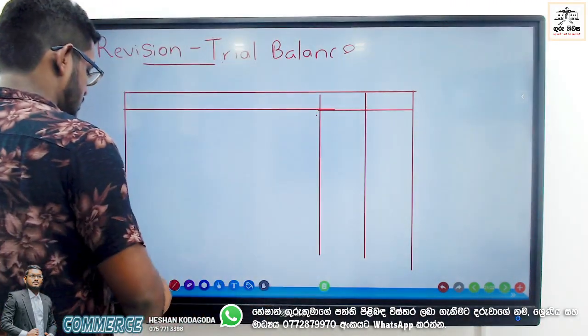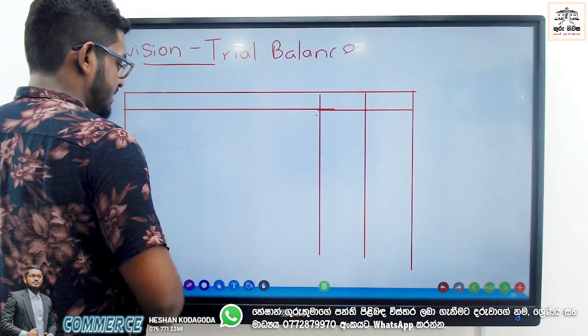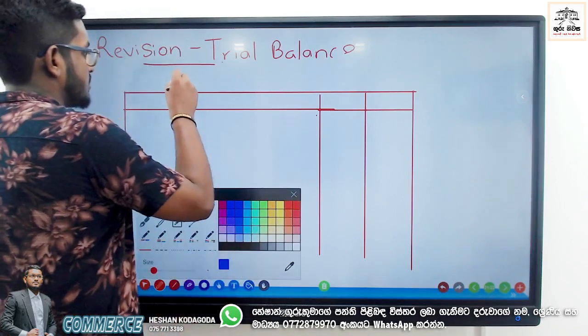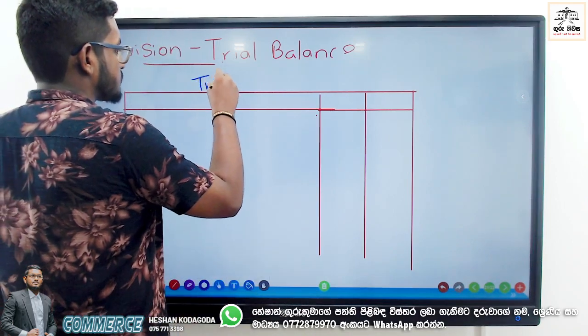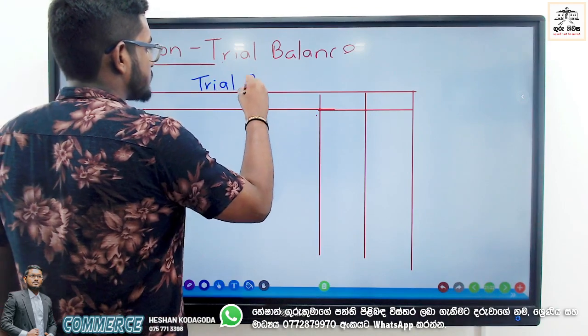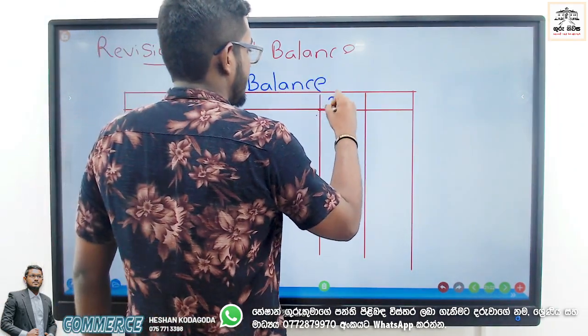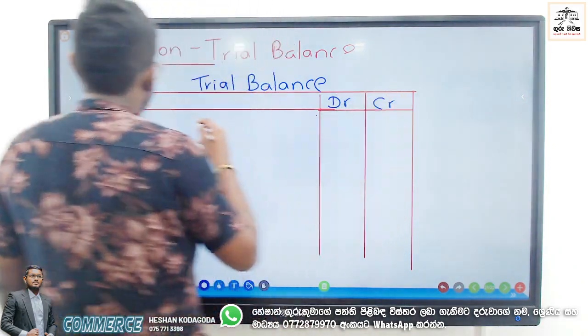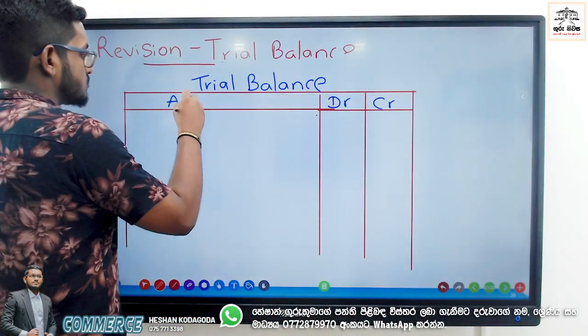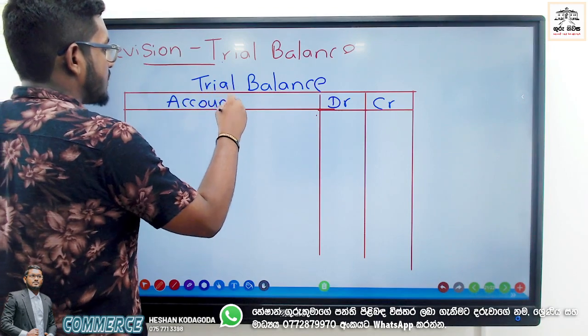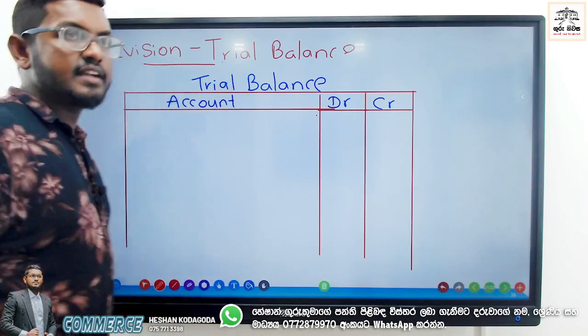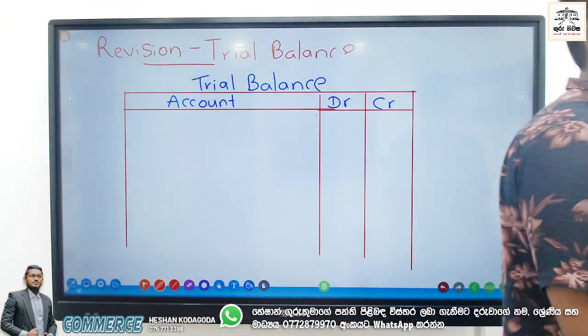I'm not writing detailed things. See, a trial balance: debit, credit. You can write account. I think you can remember; you need to have a clear idea up to this point, right?